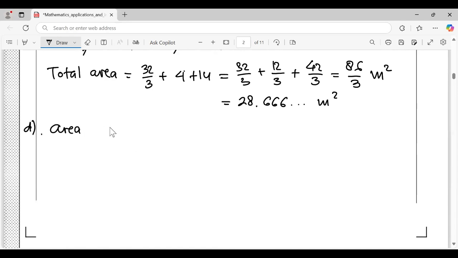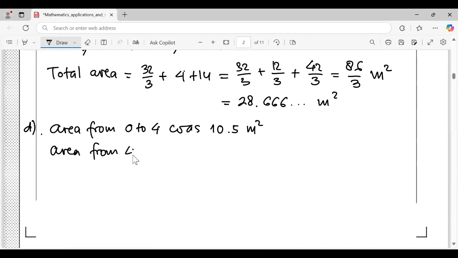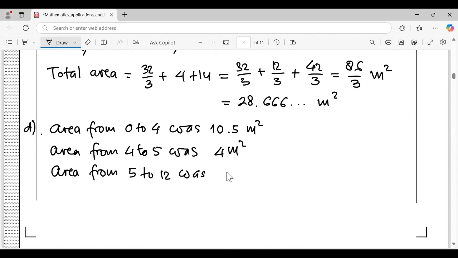The area from 0 to 4 was 10.5 square meters, and the area from 4 to 5 was 4 square meters, while the area from 5 to 12 was 14 square meters.